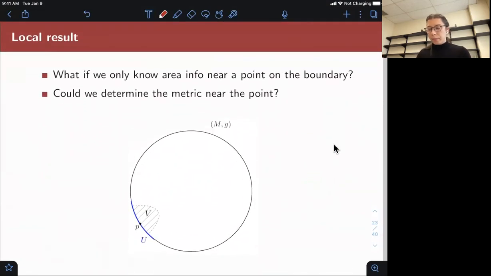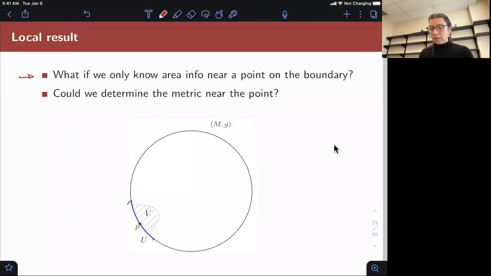Before I present the proof of this result, let me ask another question: what if we only know this kind of area data in some region near a point on the boundary? Let's say I have this region U, and for any foliation I give myself of this neighborhood U near P, I can fill in by least area surfaces, and I know the areas of these surfaces.